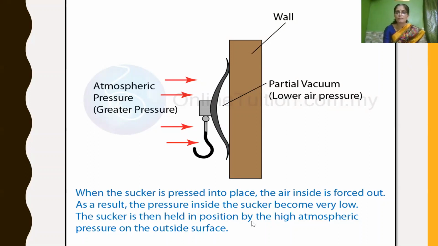When you press the vacuum holder, the air inside comes out. As there is no air inside, the pressure inside the holder is less compared with the atmospheric pressure outside. The greater pressure holds the sucker, or holder, tightly, so we can hang a heavy load on it.